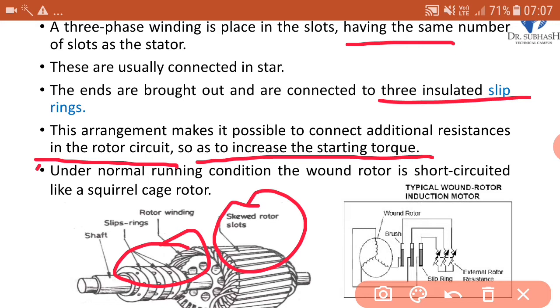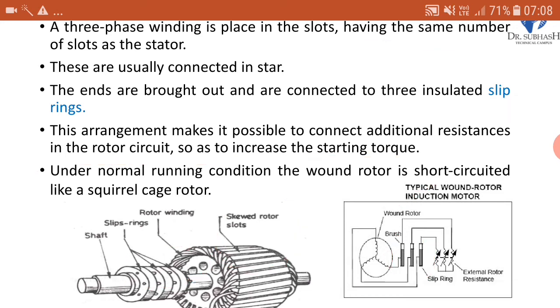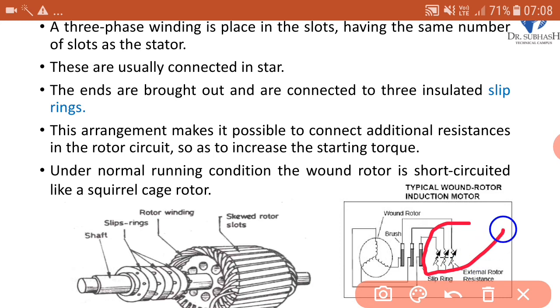Here a typical wound rotor induction motor is given, and we can see that three slip rings and three brushes are there. It is connected to the wound rotor, and we can see three variable resistors.